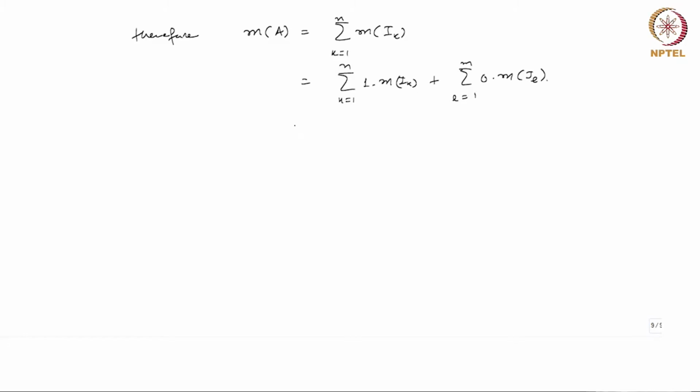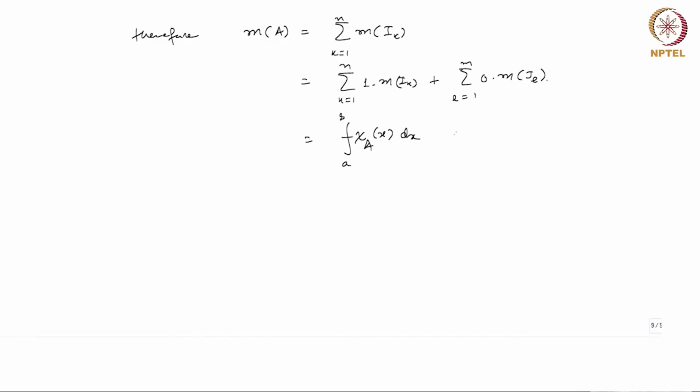So this is the piecewise constant Riemann-Darboux integral for the indicator function of A, which is the piecewise constant function. So we have identified that the piecewise constant Riemann-Darboux integral for chi A is nothing but the elementary measure of the elementary set A.